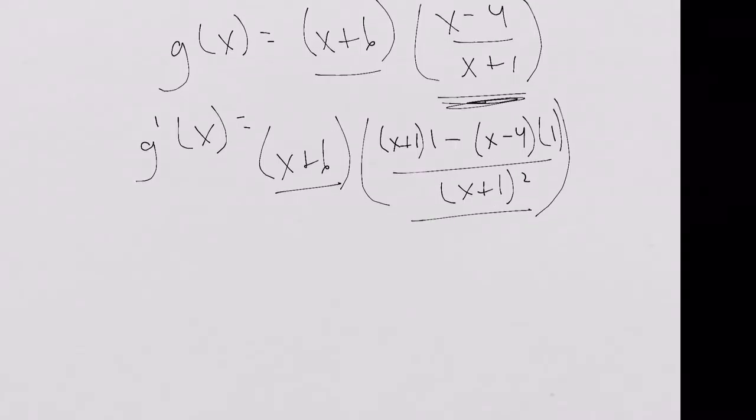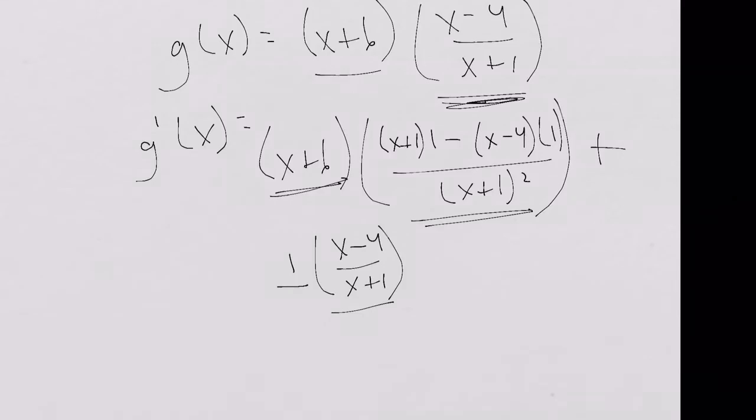I would still have to add to that the derivative of the first, which is just 1, times the second. So the derivative of this using the product rule is the first times the derivative of the second plus the derivative of the first times the second. So on this one we had to use the product rule and the quotient rule.